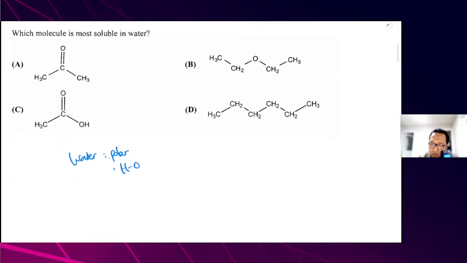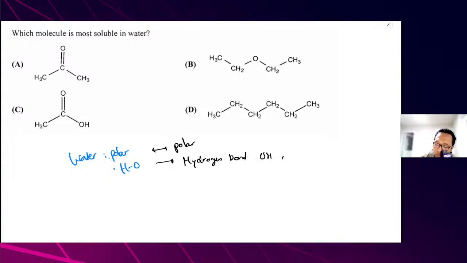So we need to find out which one is polar as well, to dissolve well in water, and which molecule can form hydrogen bonds as well.